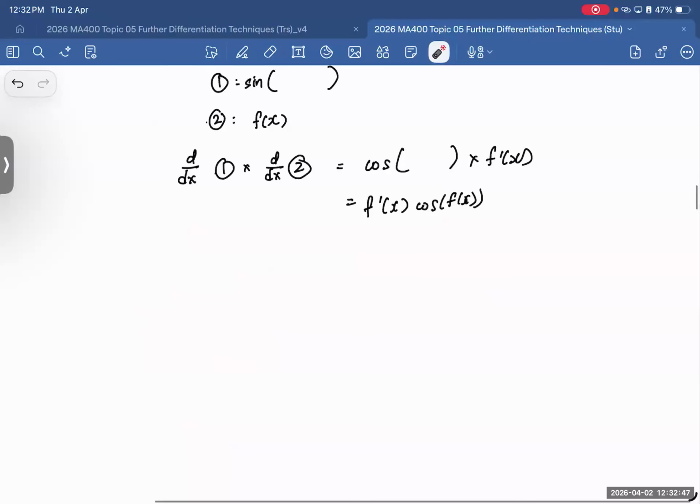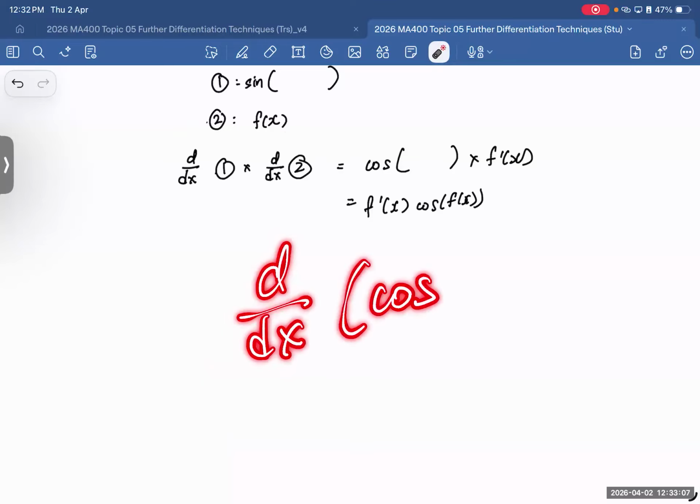Aiden, differentiate cosine 2x. You don't know it. Okay, Micah, Tatiana, Ballerino, differentiate cosine 2x. Yes, you try to give an answer. Correct.